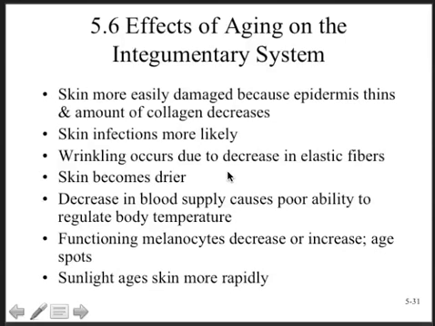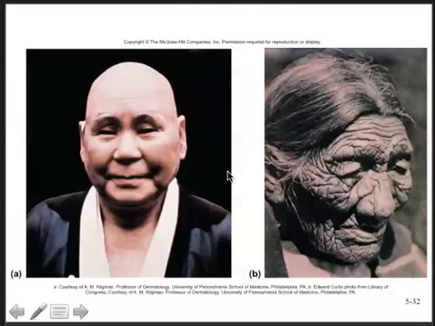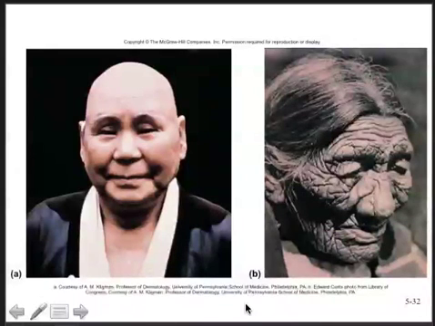And sunlight ages the skin very, very rapidly, and that's because the UV doesn't just damage the DNA, it also can damage protein. And remember that in skin, protein is both an intracellular and an extracellular product. And if we damage it, it's going to impact skin function. So here you can see an example of what happens when the skin ages as a result of increased amount of sunlight.